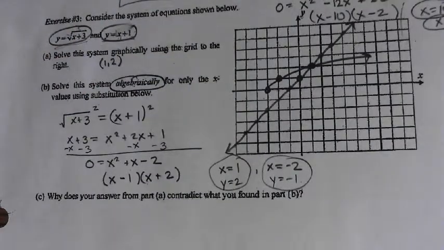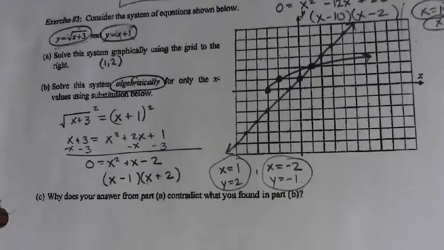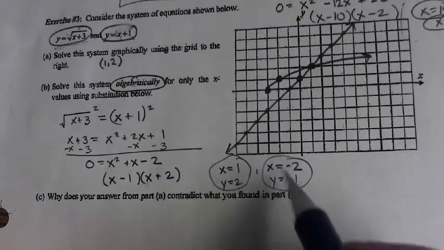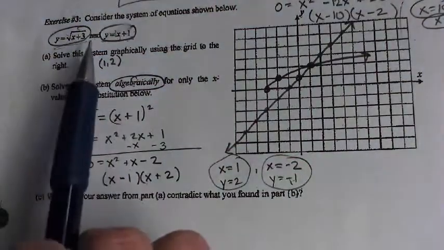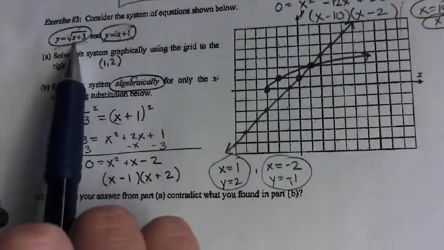Why did we get two solutions algebraically, but only one solution graphically? Goes back to that extraneous, okay? -2, -1 is a point that, yeah, works for the line, but -2, -1 does not work for the radical.